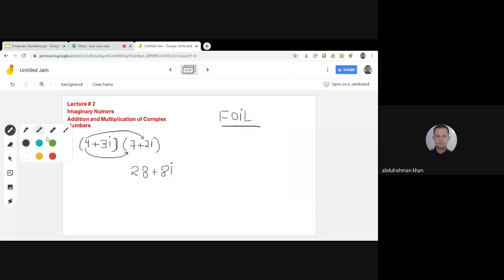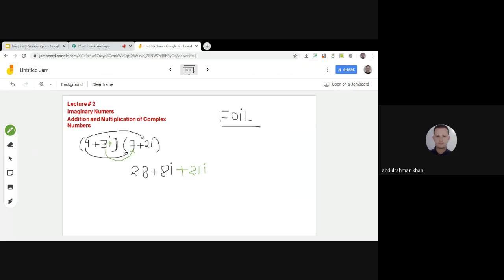Now the third term and the fourth term come. Inner means 3i and 7, so these are 3 times 7, 21, then with i, I put i now.